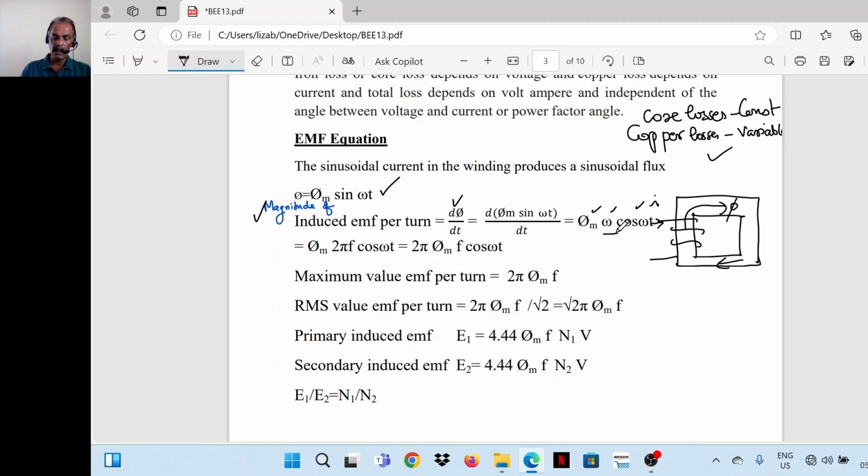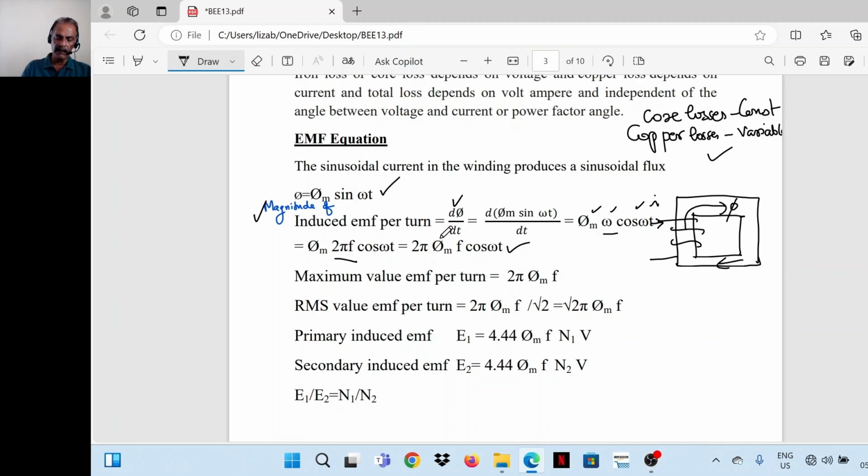Omega is 2 pi f, so it is phi m into 2 pi f into cos omega t, or 2 pi f phi m cos omega t.